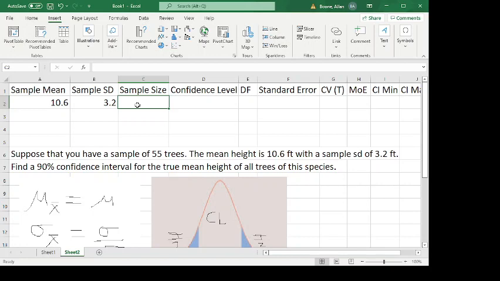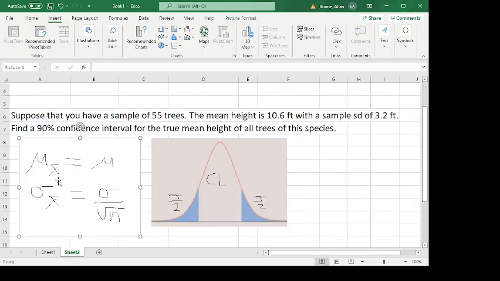Last time when we looked at proportions, we asked, what's the standard error of a proportion? And we had a formula for it. Now we want to say, what's the standard error for a mean? If you remember the central limit theorem, we know that the mean of sample means is the overall mean, which is really nice.